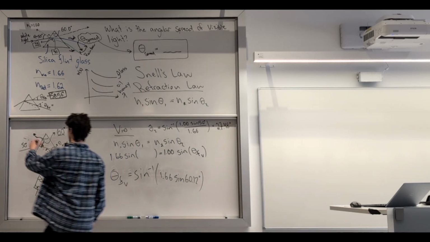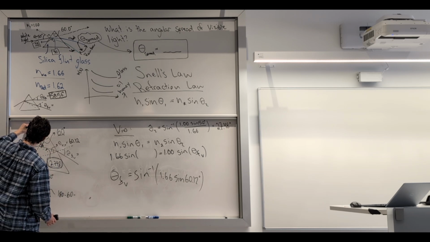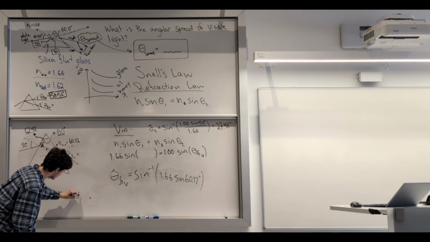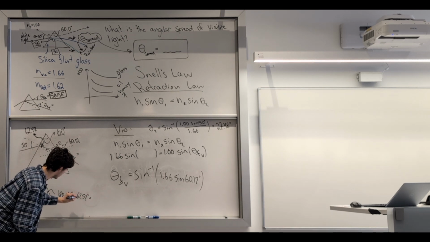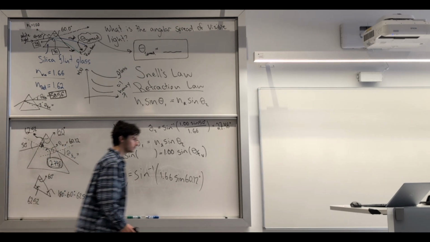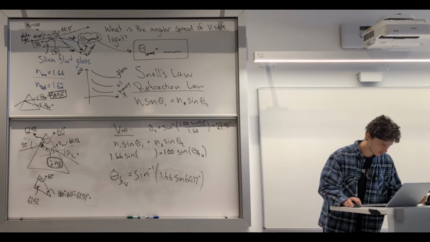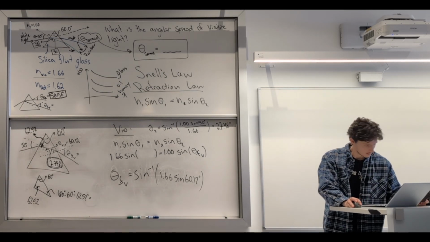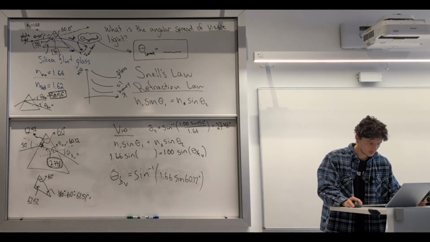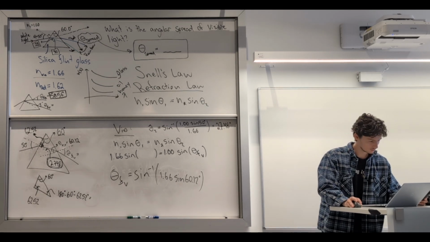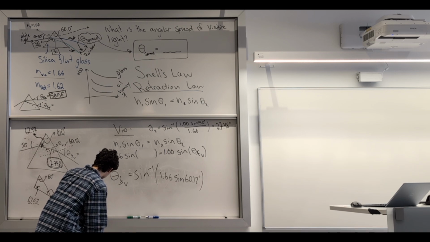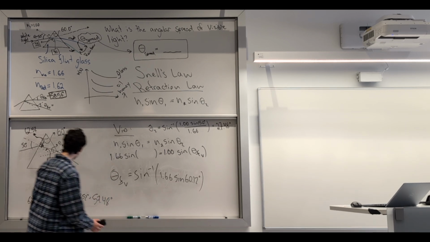62.52 degrees. And then we can do that 180 minus everything. So 180 minus 60 minus 62.52 equals 57.48 degrees.